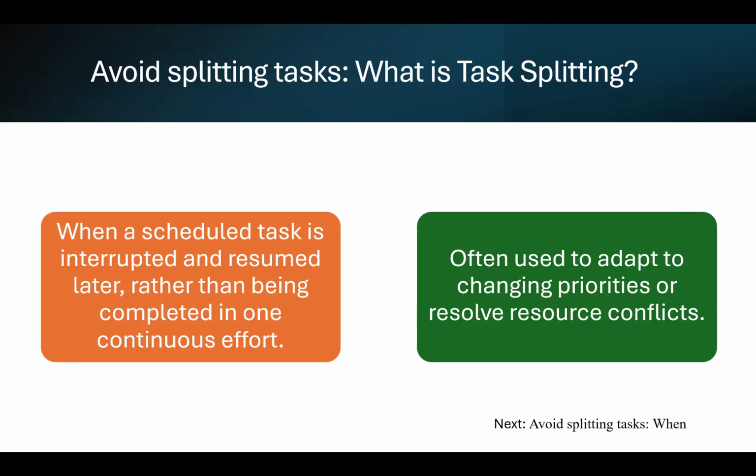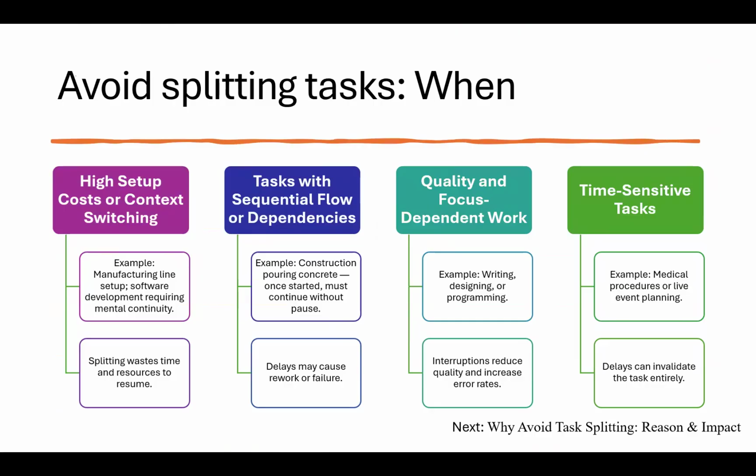But the recommendation is to avoid splitting tasks. If we start and stop and start again, how much will that cost? Do the tasks have to be sequential? Are they dependent? What's happening?